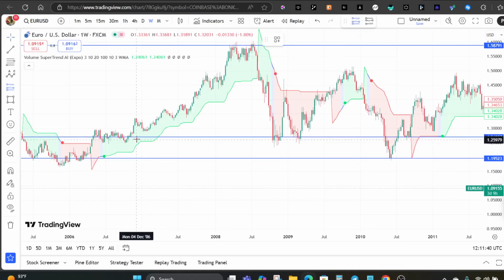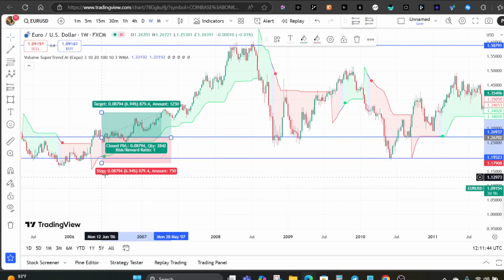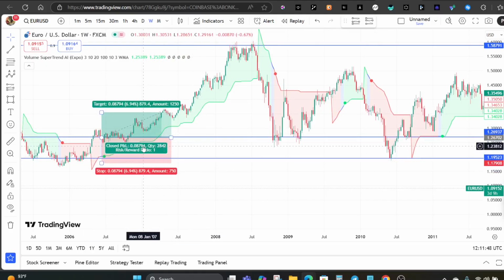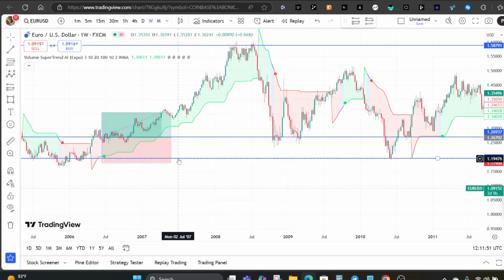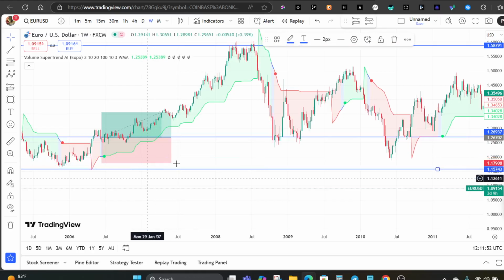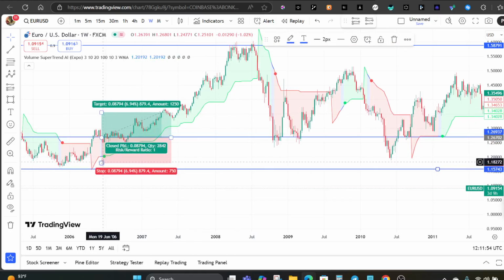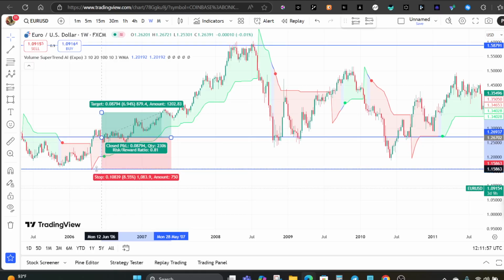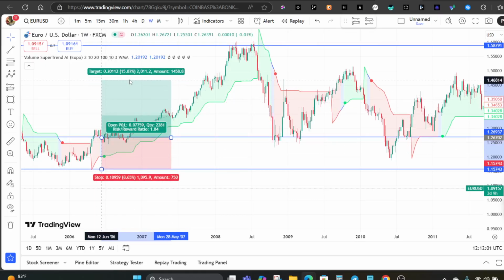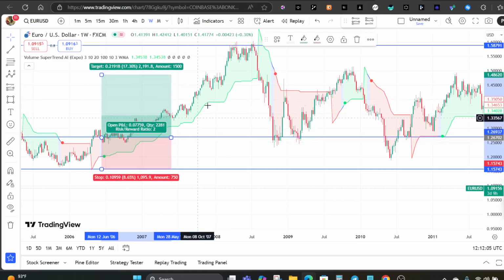If you are entering a buy position, say around here, your stop loss can be below the previous swing low. If you're targeting the previous swing low for your stop loss, I'm going to recommend a risk to reward ratio of 1 to 2 minimum.